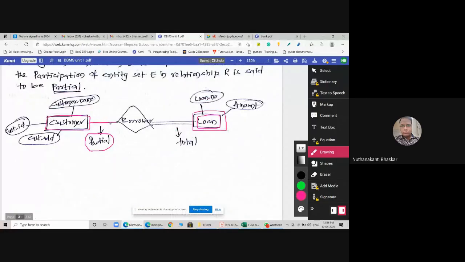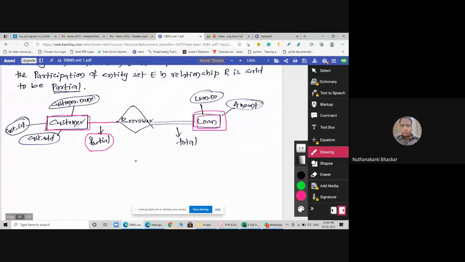For that, we need to write only a single line. Single line means partial participation. The customer is an entity set, but not all entities are participating in this loan association. Only some of the customers are going to borrow the loan. So it is a partial participation.